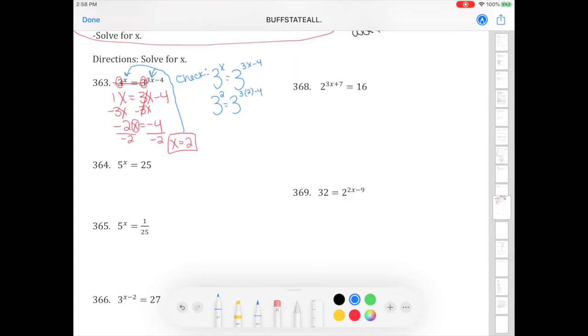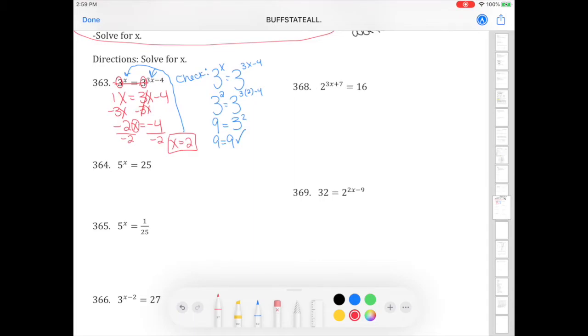So 3 squared equals 3 raised to the 3 times 2 minus 4. Well, 3 squared on the left is 9. On the right side, I'm going to simplify that exponent first. 3 times 2 is 6, minus 4 is 2. You might already see it: 9 equals 9. It checks out. All of these can be checked using that method. Just take your answer, plug it back in, make sure it works.